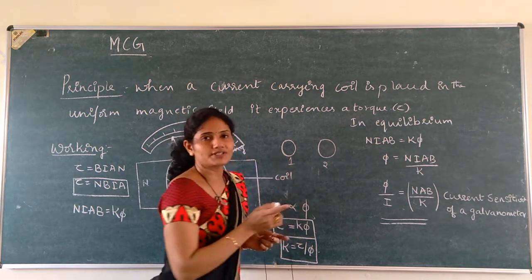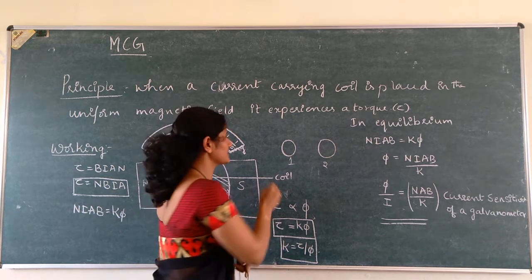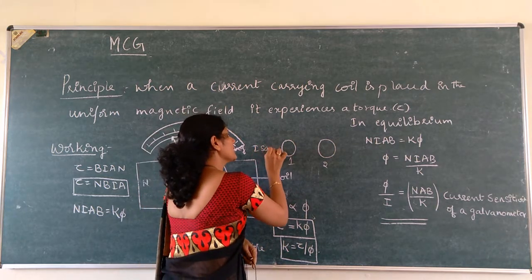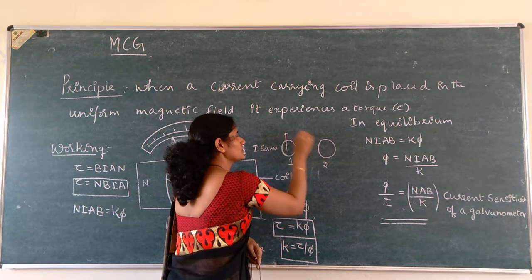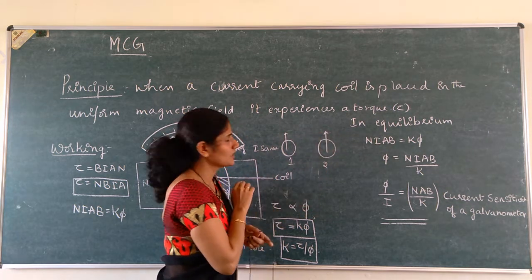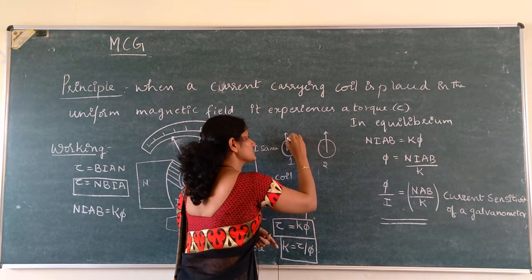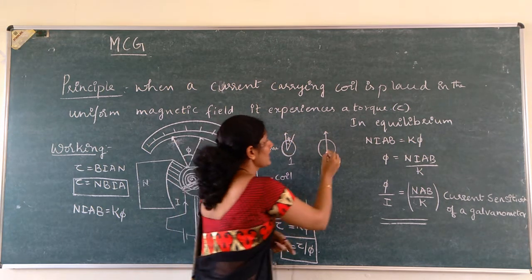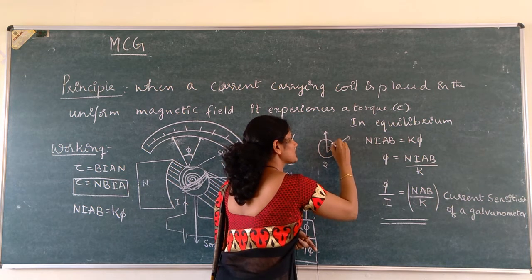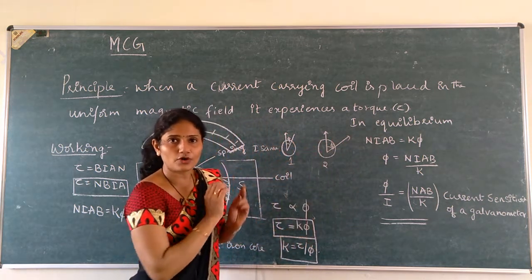In both the galvanometers, current is the same. You just imagine that I is the same in both. For the same current, the first galvanometer shows this much angular deflection and the second one shows this much angular deflection.